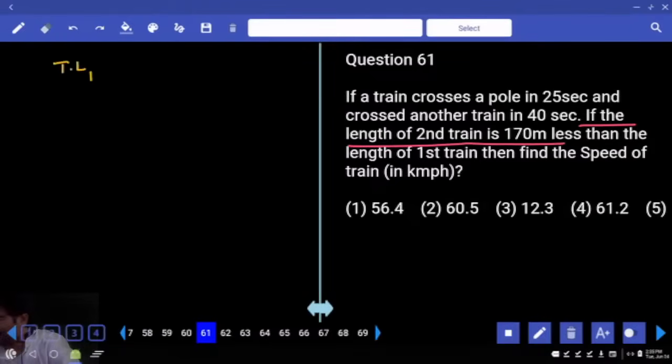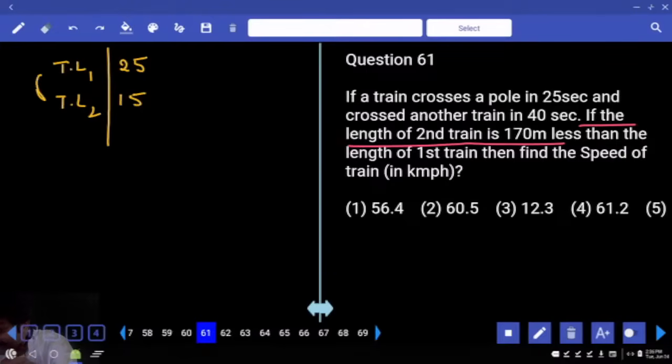Now, train length 1: to cover its own length, how much time is it taking? 25 seconds. To cover the second train's length, how much more time is it taking? 15 seconds. Correct? What is the time gap?